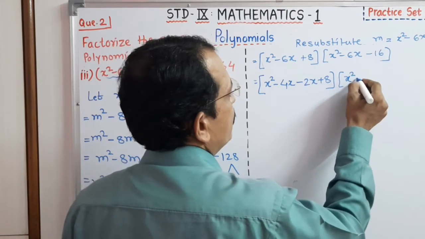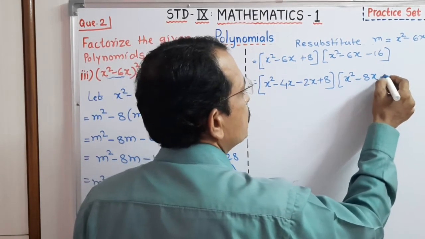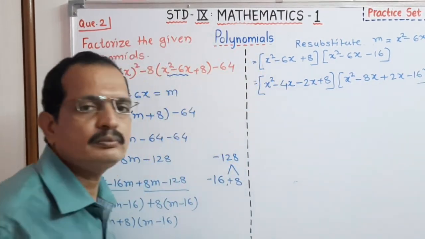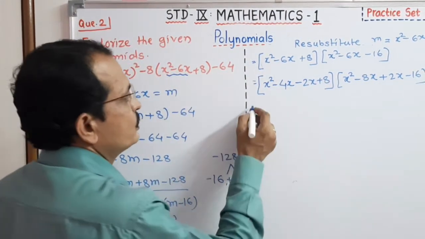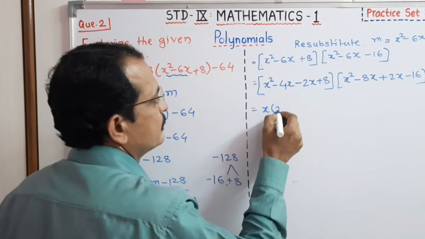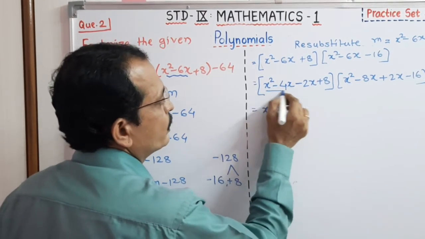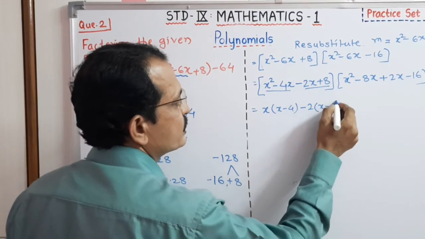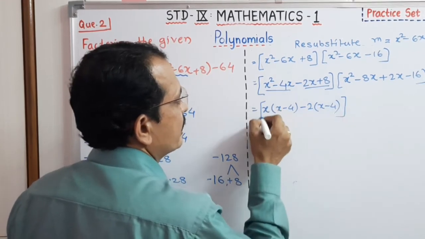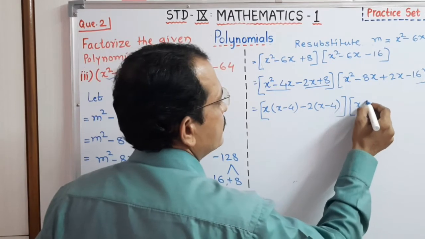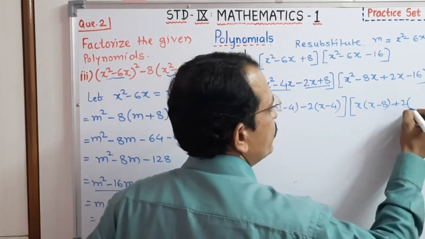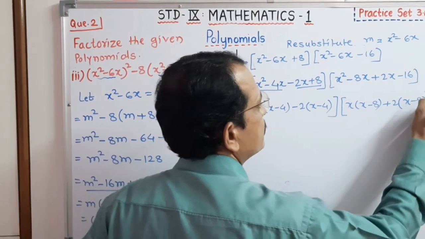Therefore x square minus 8x plus 2x minus 16. Now see here, x minus 4, we have to take the common, x minus 2 into x minus 4. In this bracket we have to write x minus 8 plus 2 into x minus 8.